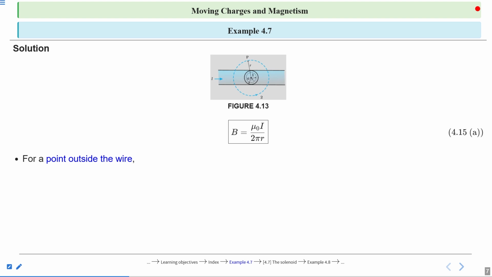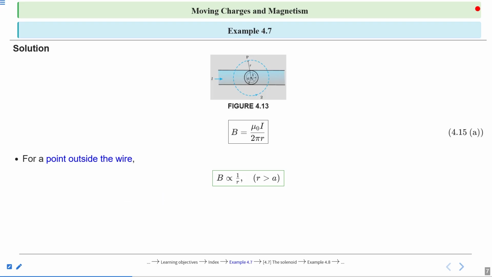So magnetic field is inversely proportional to r for r greater than the radius of the wire a. Got it? This is the first thing we have concluded.